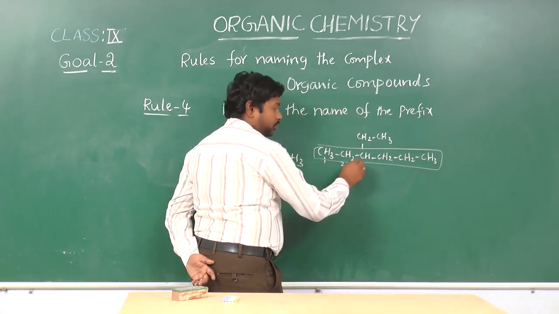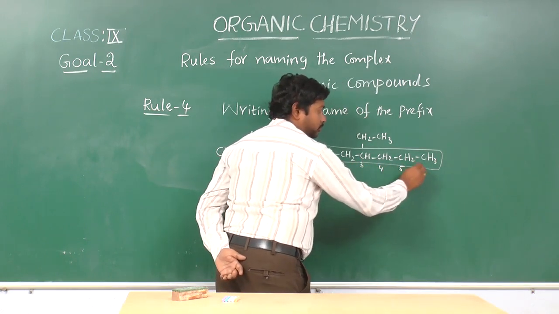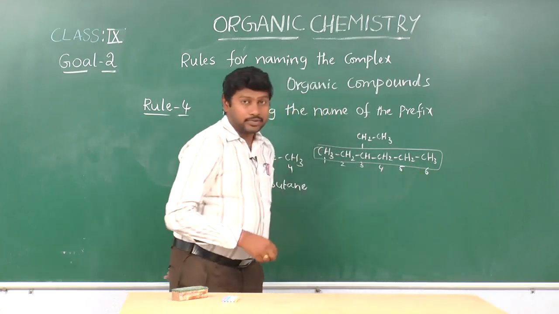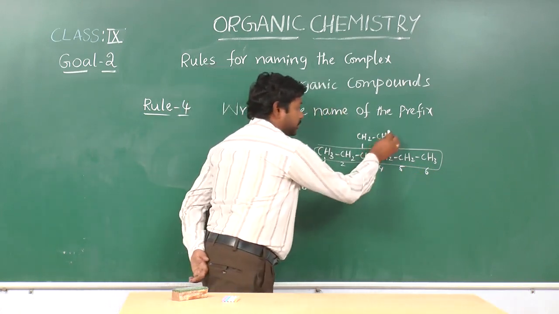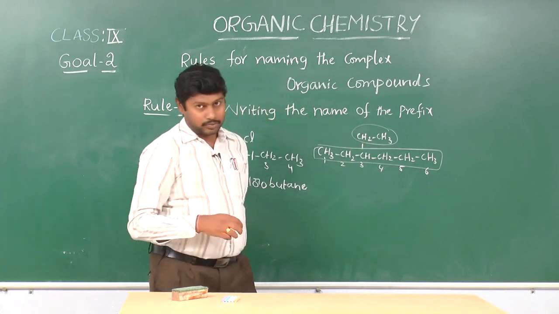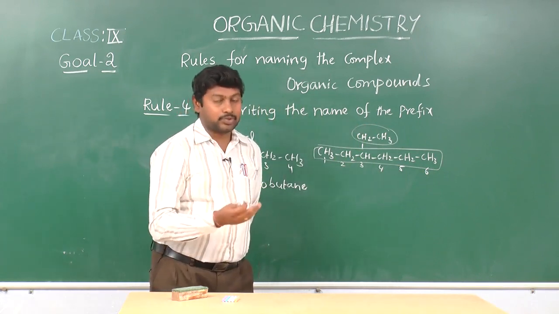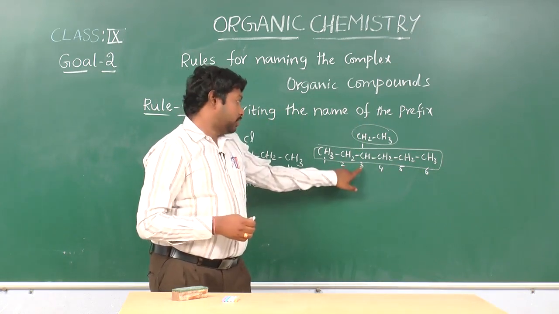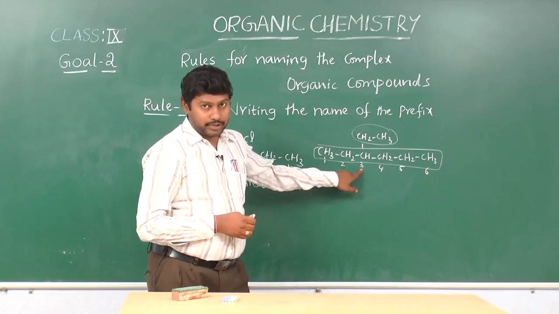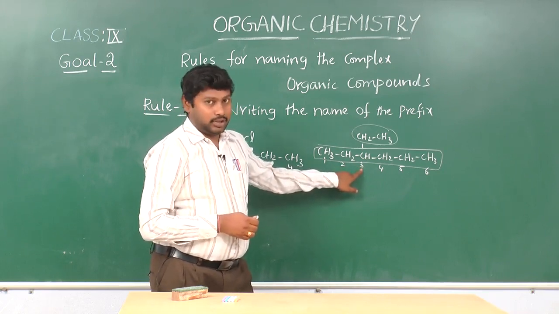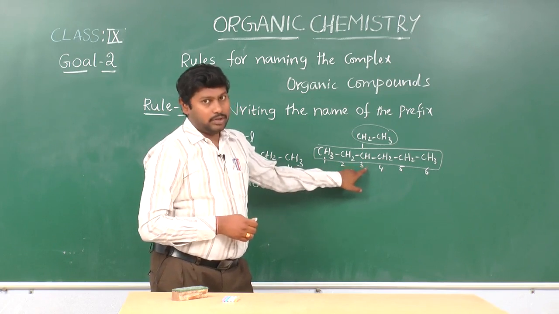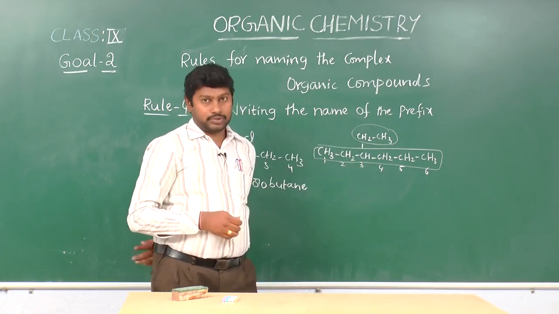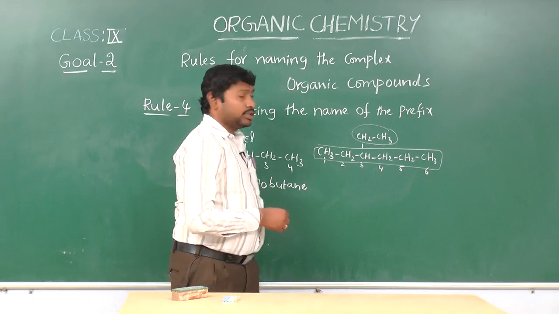And we should give the numbering, and here the substituent is an ethyl group. This is the ethyl group. One side chain, or one substituent, is present at position 3. So, this is the locant. Here the locant is 3. According to the least number rule, 3 is the position of the substituent. And what is the substituent name?